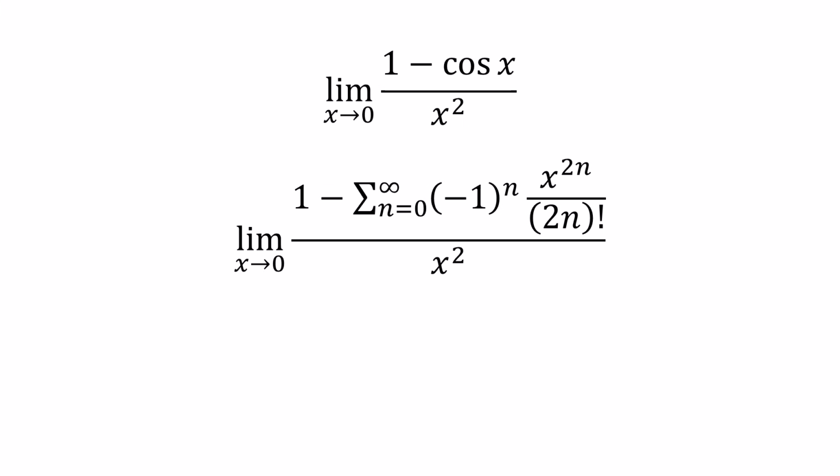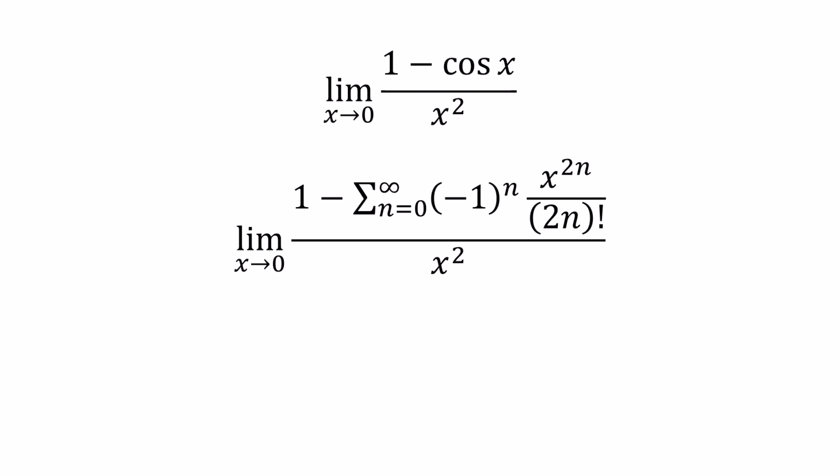the limit as x approaches 0 of 1 minus the summation from n equals 0 to infinity of negative 1 to the n, x to the 2n over 2n factorial, all over x squared.